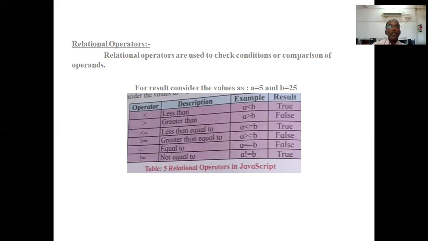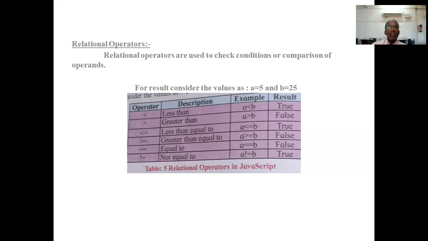The next relational operator is less than equal to, description is less than equal to. The next is greater than equal to, description is greater than equal to.